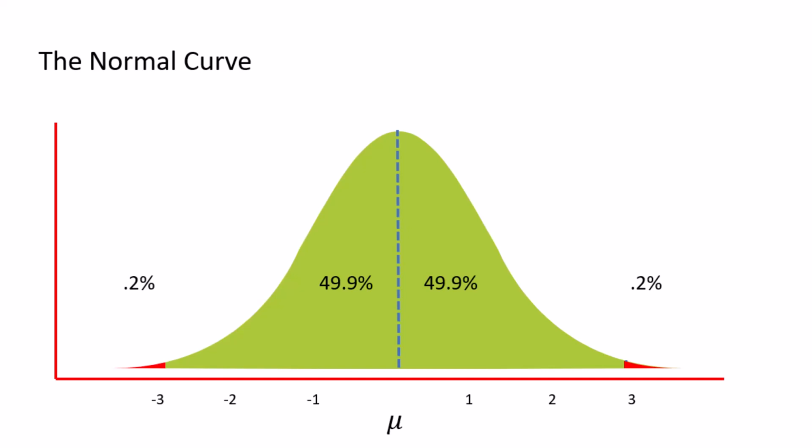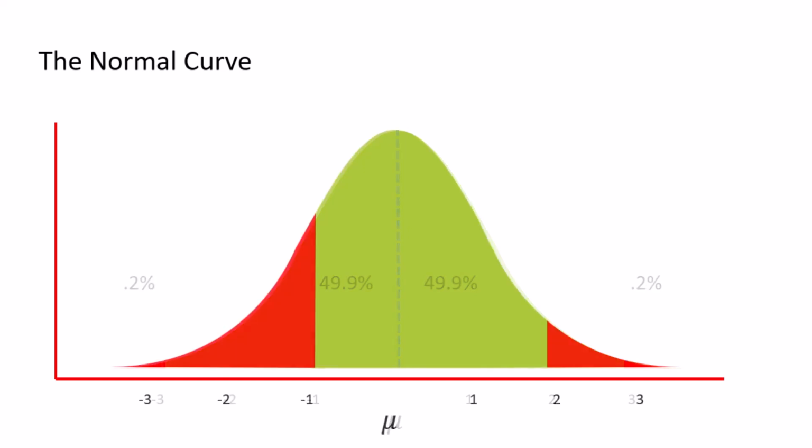But let's tackle now a somewhat more difficult problem. Knowing what you know so far, can you compute the percentage of scores that are greater than 1 standard deviation below the mean and less than 2 standard deviations above the mean? That would be this green area in here.